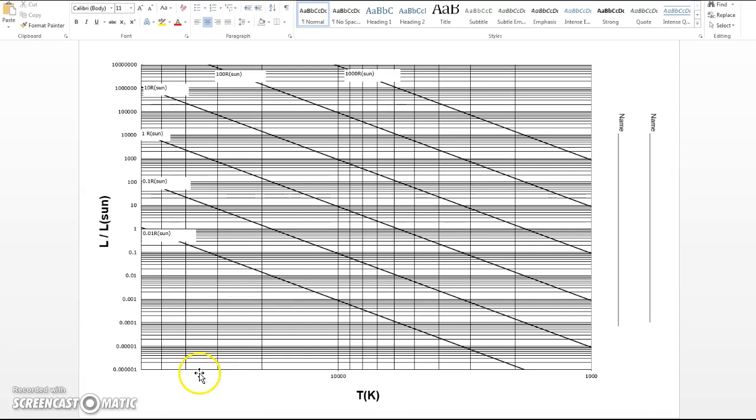It's the same way of interpreting it, all the way to the very bottom where we're at, let's see, 1, 2, 3, 4, 5 zeros and then a 1. This is 1/1,000,000th of a solar luminosity.